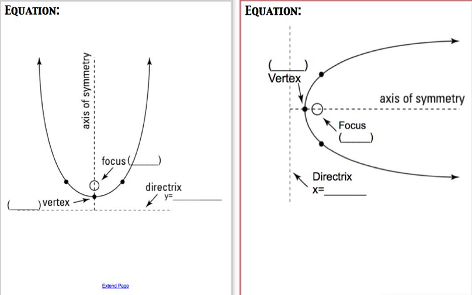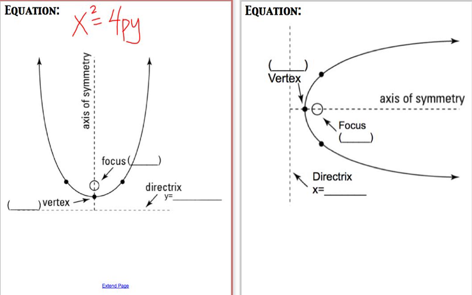So to start with, the parabola, of course, will have two potential directions, up and down or left and right. And so the standard form of the parabola that's facing up and down, the equation will be x squared equals 4py.